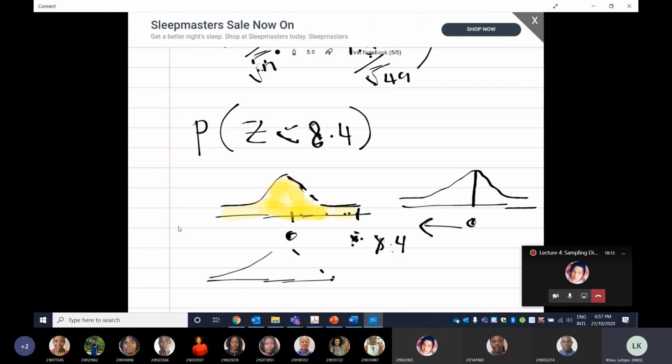But that's not all that we want. We need this area over here as well, because this is where 8.4 is.